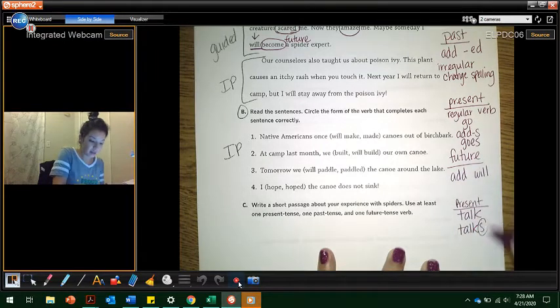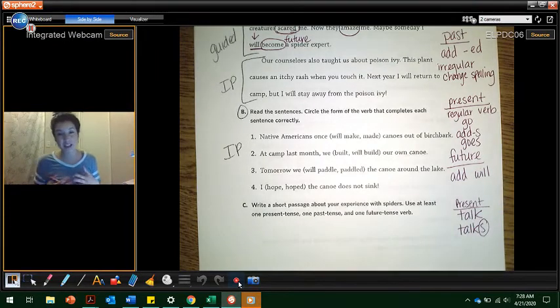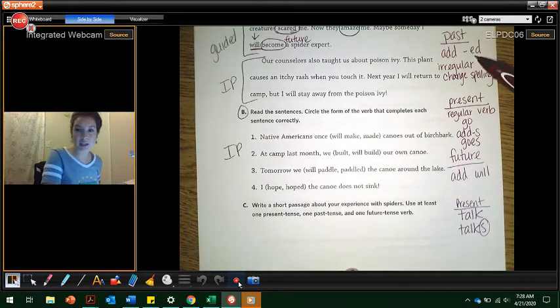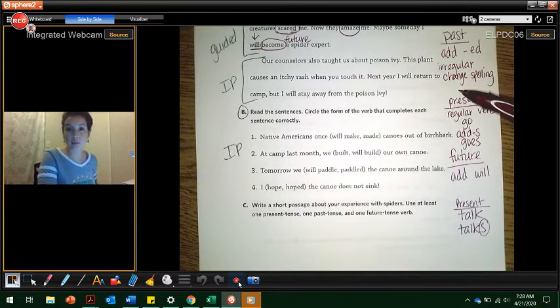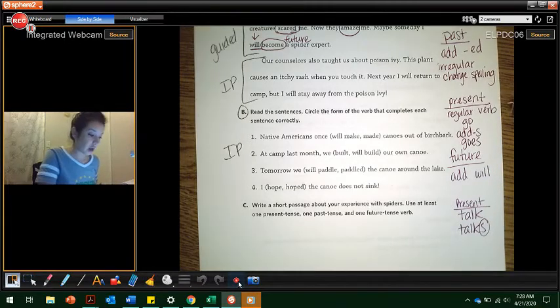But sometimes we need to add that S ending, and we're going to talk more about that actually on Thursday. That's going to be part of our lesson. But really important is that you know the endings of these different types of tenses. Past, we usually end in ED. If it's irregular, the spelling's going to change. In the present tense, it's our regular verb like talk, walk, go, run.